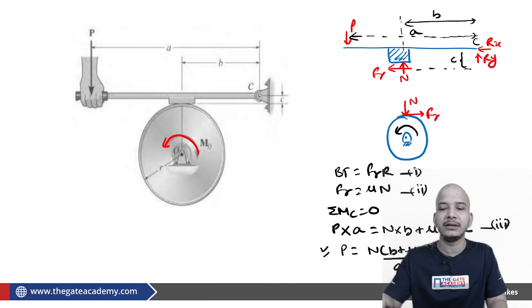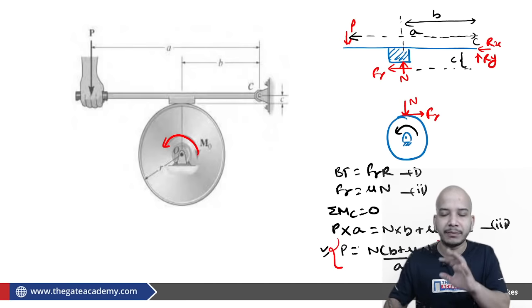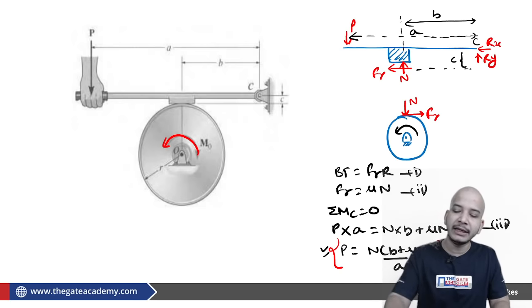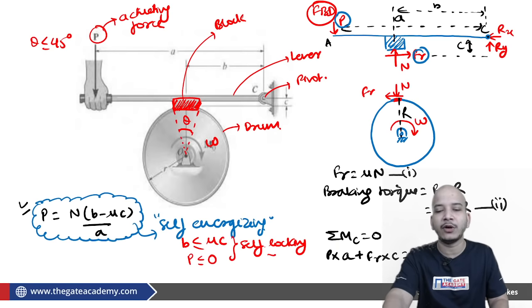In the other case, for any value of B, C, A or mu, you are not going to get a negative or zero value of P. So there is no possibility of self-locking there, but in the self-energizing case there is, so you have to be very careful when using a self-energizing brake.